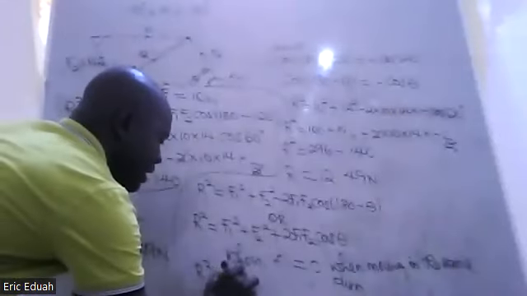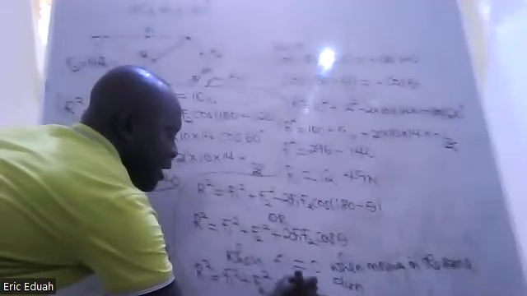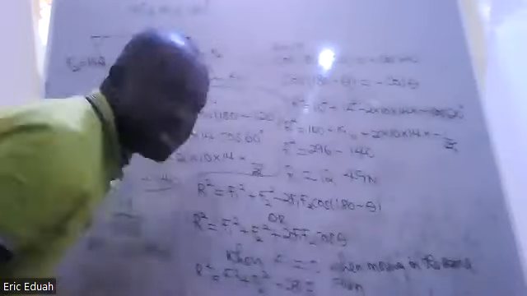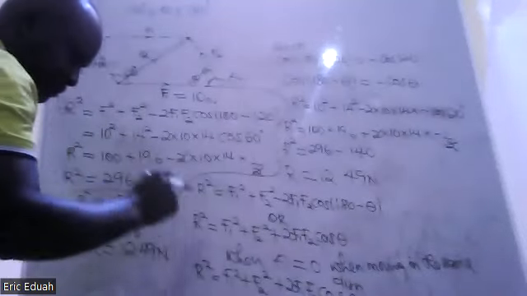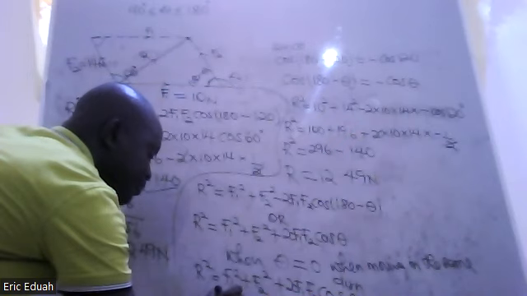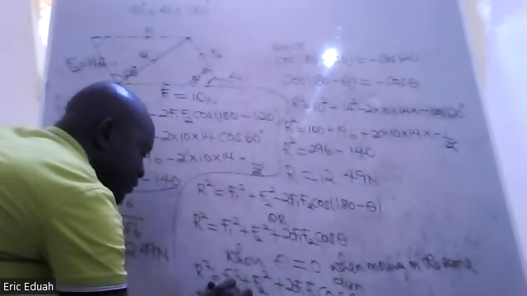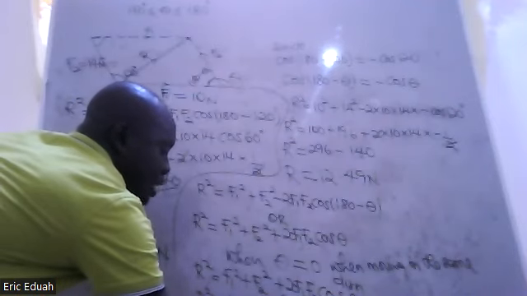You have cos. So you have F1 squared plus F2 squared plus 2F1 F2. What is cos 0 degrees? 1. Good. All right, so this is 1. So in effect, you have R squared giving you F1 squared plus F2 squared plus 2F1 F2.